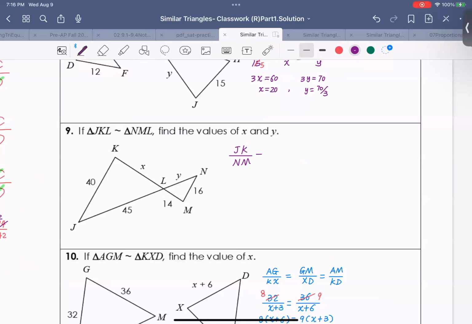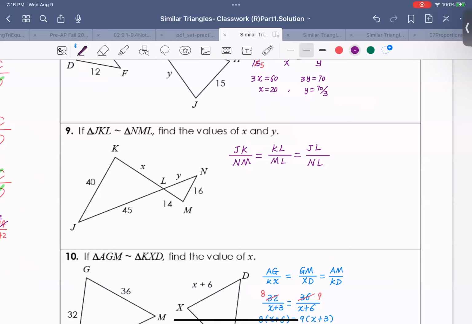Yes. Equals KL over ML. And also JL over NL. Yeah, NL. That's pretty good.